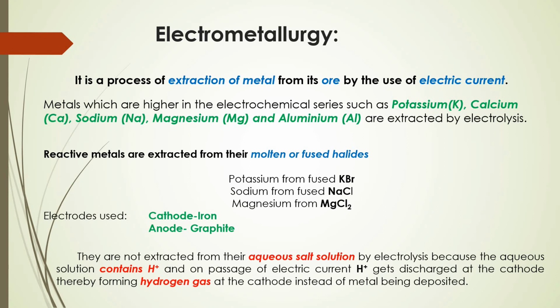Metal will not be extracted. Instead of that, what will be the product formed? Hydrogen gas will be produced at the cathode. Therefore, the active metals are always extracted from their molten or fused halides or salts, but not from aqueous salt solution.